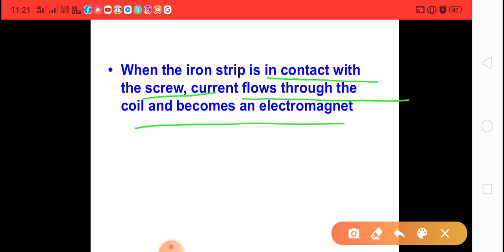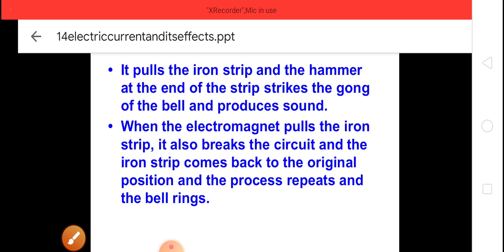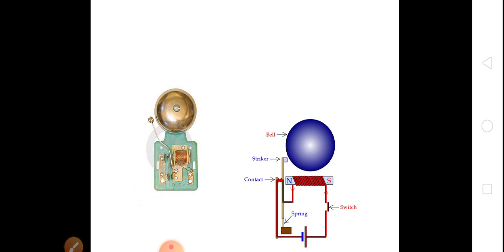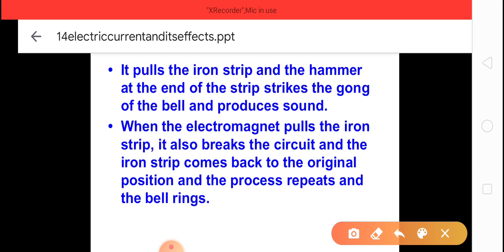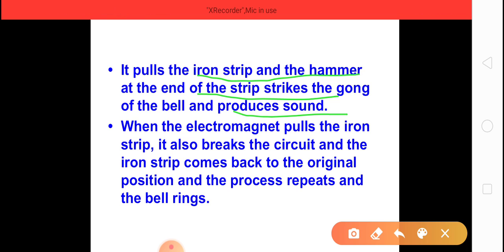Clear about this? Next, the procedure. If we push the switch, the iron strip and the hammer at the end of the strip strike the gong of the bell and they produce the sound. So we know that the electric bell consists of an electromagnet, iron strip, hammer, gong, a switch.